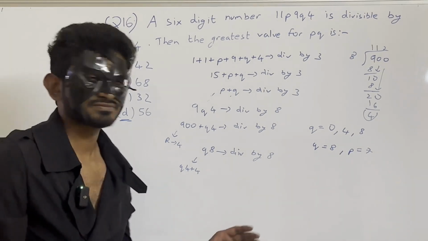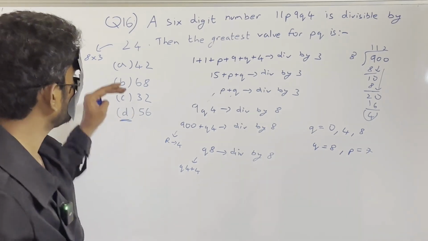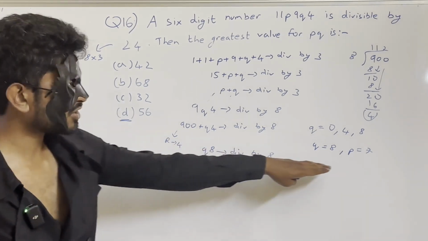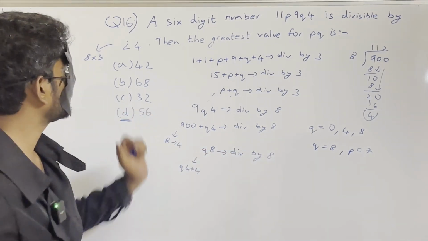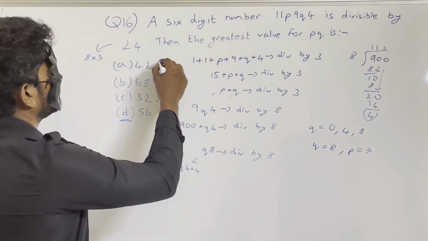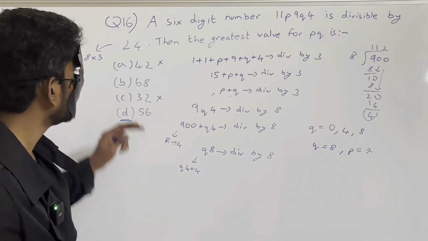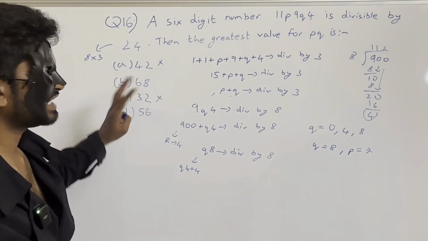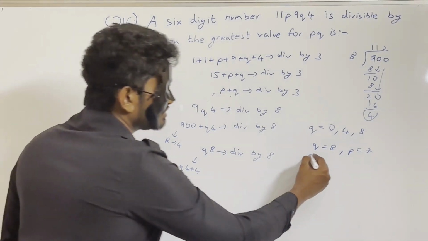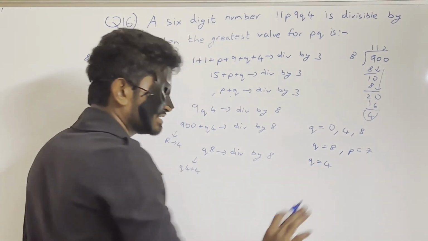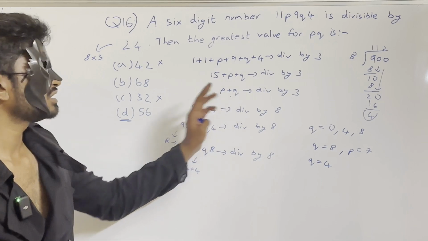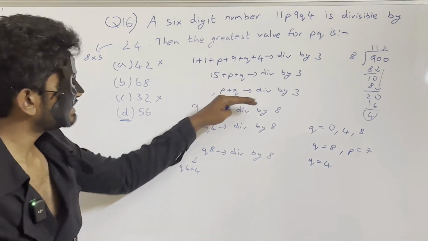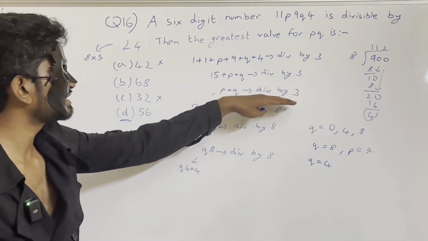Now next. So this is the greatest, we already got 56, right? So options less than that can be eliminated. 32 is not the greatest, 42 also is not the greatest. We have to check whether we are getting 68 for any other values. So let's take Q is equal to 4, let's suppose. If Q is equal to 4, then P, let's ignore divisibility condition by 3 for the time being.